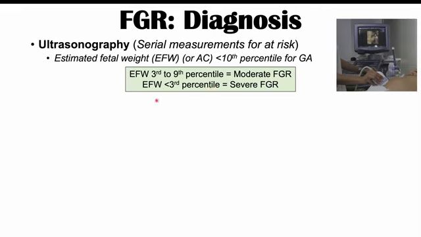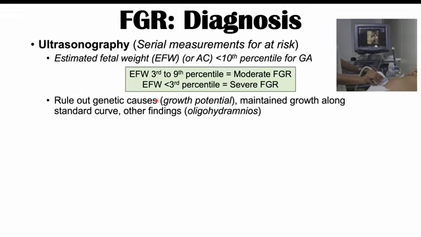But as mentioned earlier in this lesson, it's important to rule out genetic causes. So perhaps the parents are shorter than average. So even though the fetus is at a very low weight, they may even be less than the 10th percentile for gestational age. But because their parents are smaller or shorter, they're actually growing at their potential. So they may be simply small for gestational age and not considered fetal growth restricted.